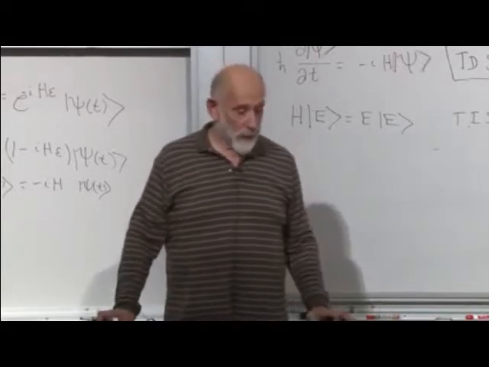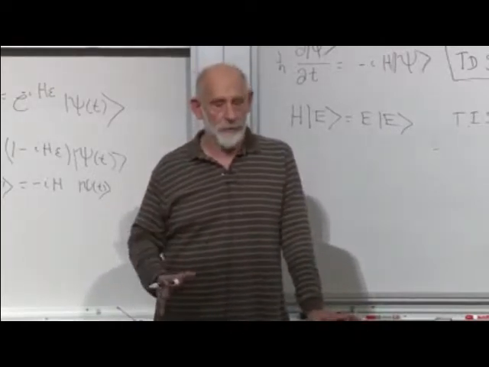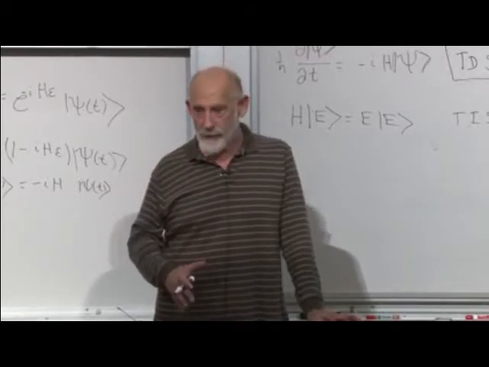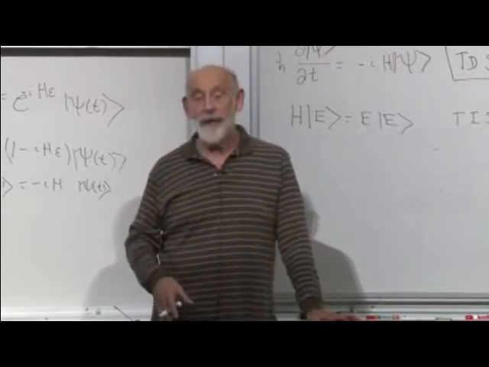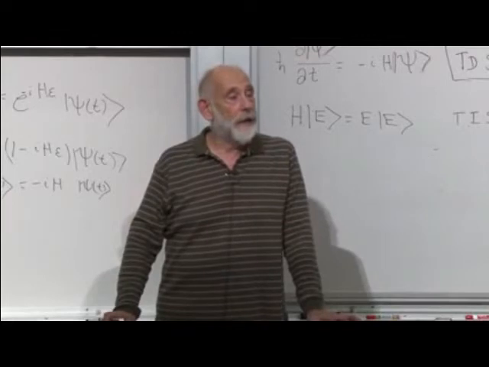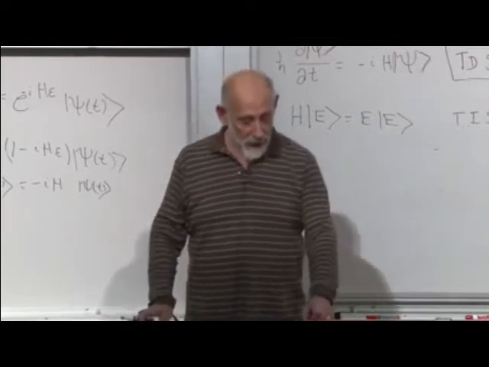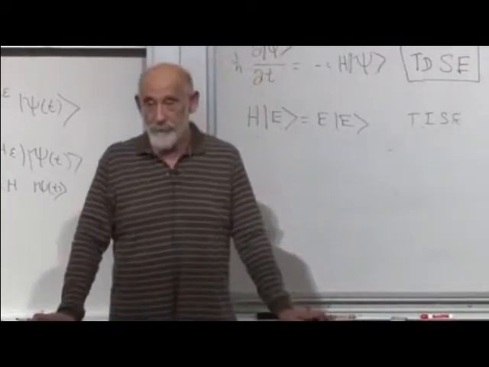Now, I will tell you where we're going. One of the most important symmetries of nature that occur over and over and over again in all sorts of contexts, but in particular in the theory of atoms, is rotational symmetry. A hydrogen atom is an electron moving in a central force field.